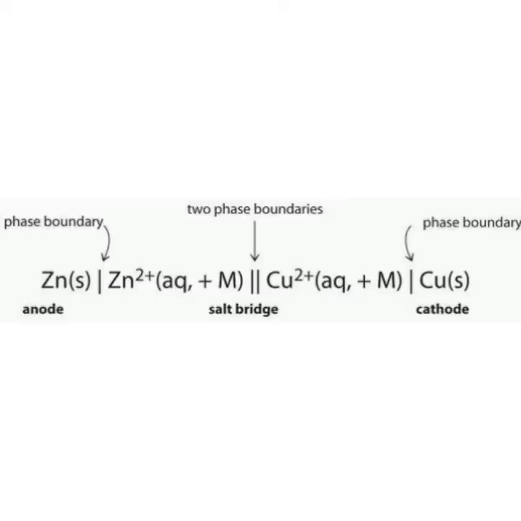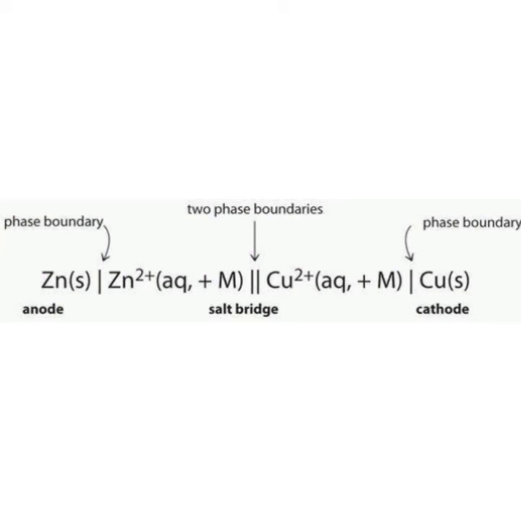Here zinc is the anode and the anode electrolyte is zinc sulfate solution, that is, zinc in Zn2+ ions. In the cathode electrolyte solution, copper is present as Cu2+ and the cathode is copper. So what is the cell representation? Zn | Zn2+ || Cu2+ | Cu, where the double bar means the salt bridge.